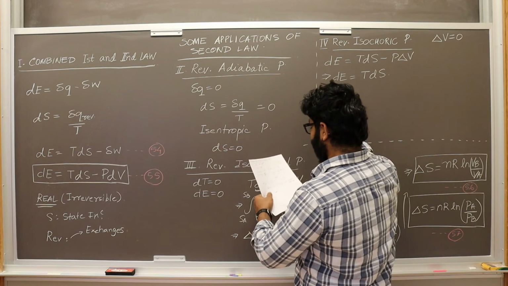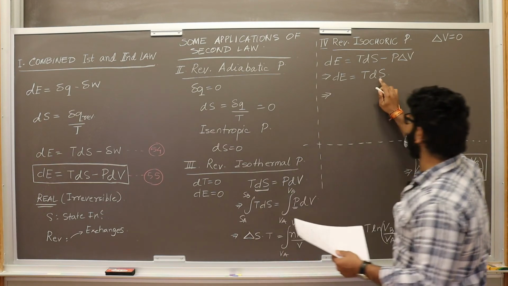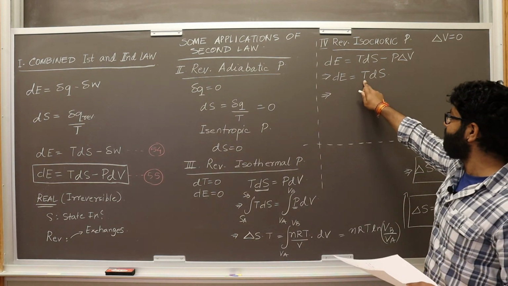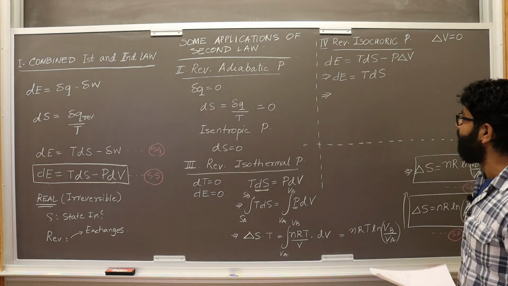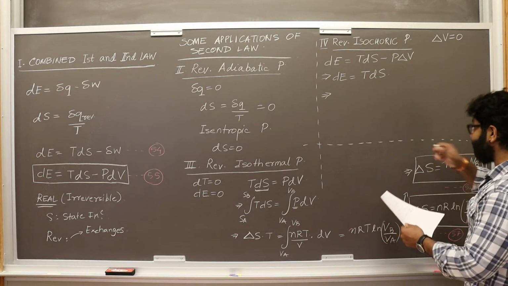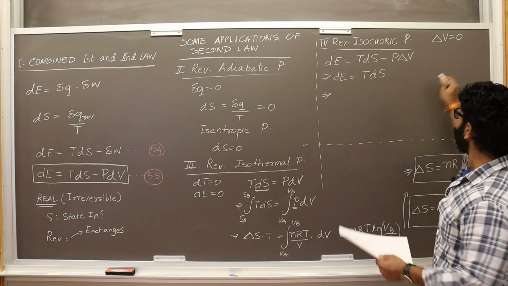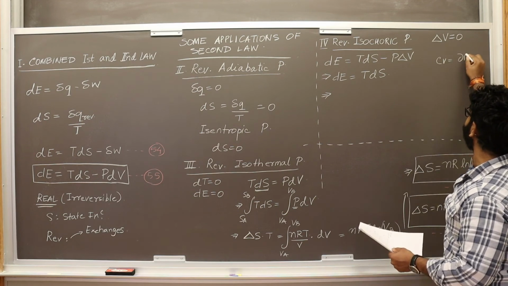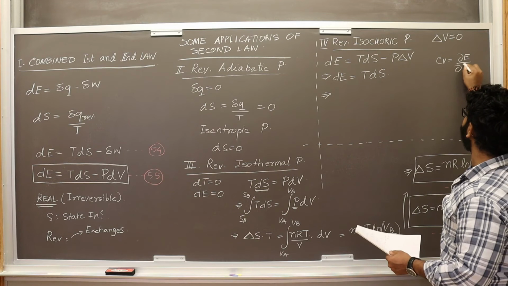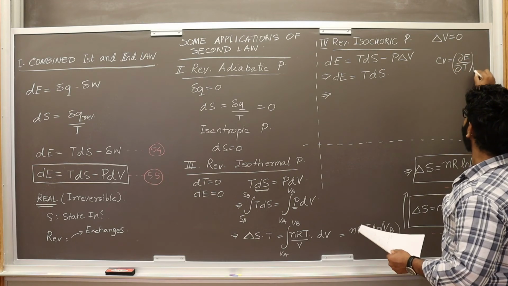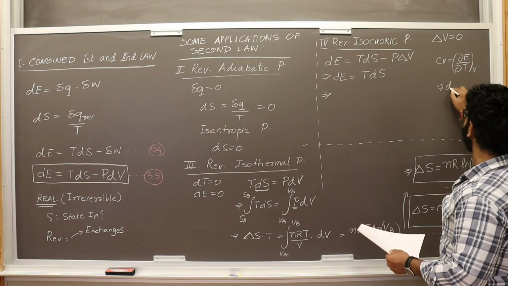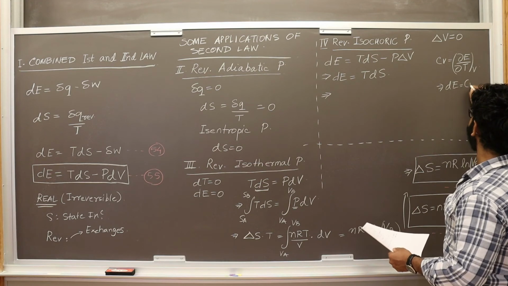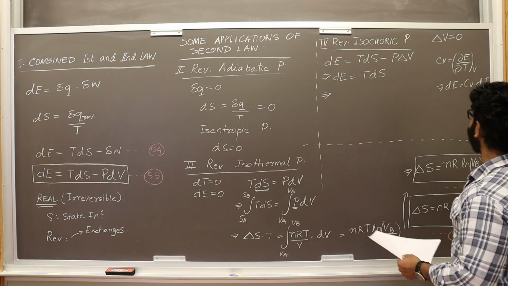Now you want to calculate the amount of change in the entropy. So you want to take this T to the other side. Now please remember what we have for CV. This was dE by dT at constant volume. So basically dE is CV dT, right?